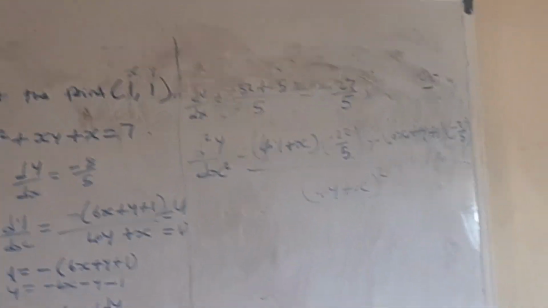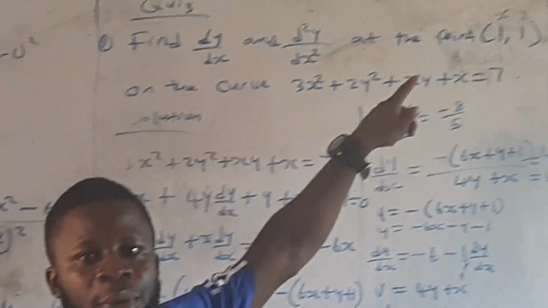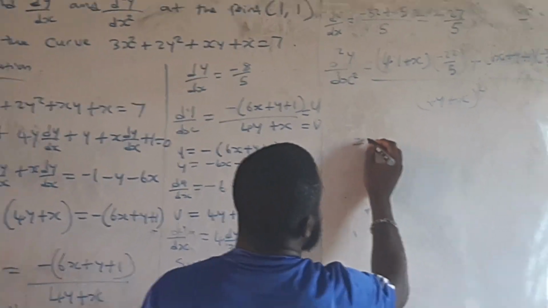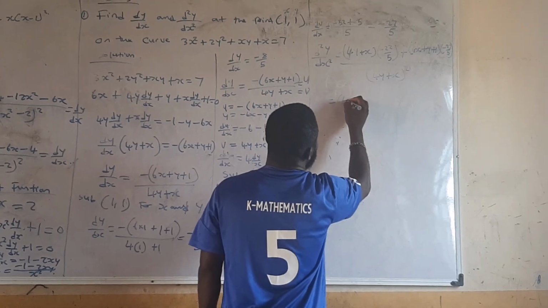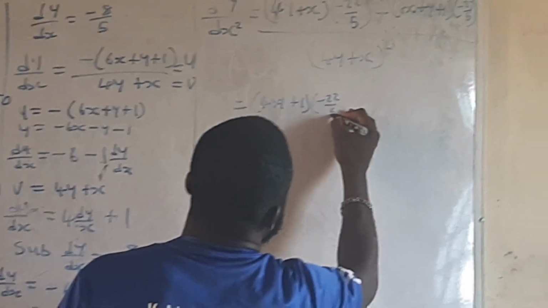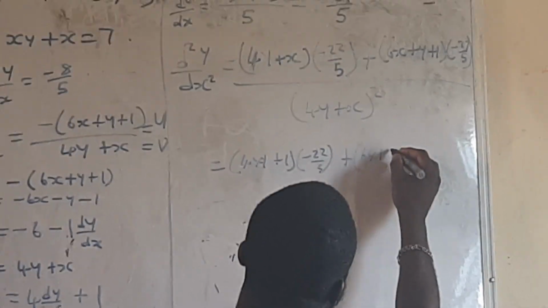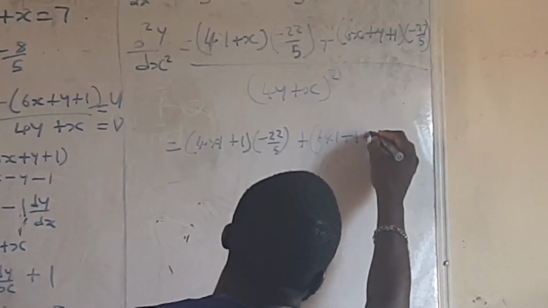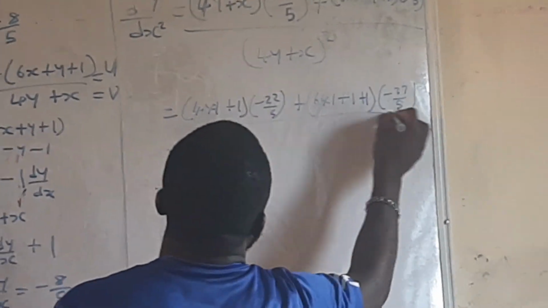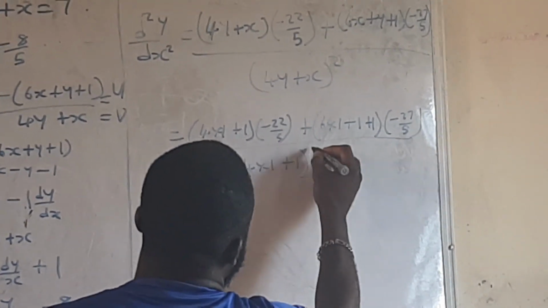So what will you now do? You now substitute your values of (1, 1) that we are given. So when you substitute that, everywhere you see y, you put 1. That will be (4 times 1 plus 1) bracket minus 22 over 5, then plus, that's (6 times 1 plus 1 plus 1) into bracket minus 27 over 5, all over (4 times 1 plus 1) all squared.